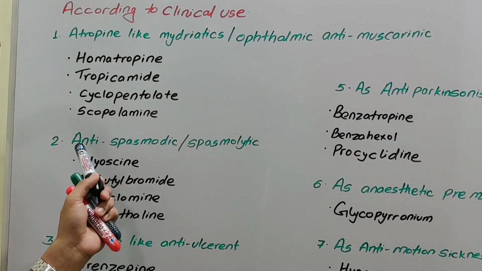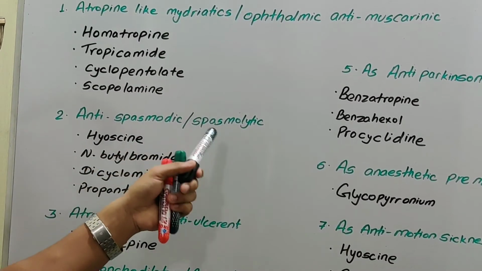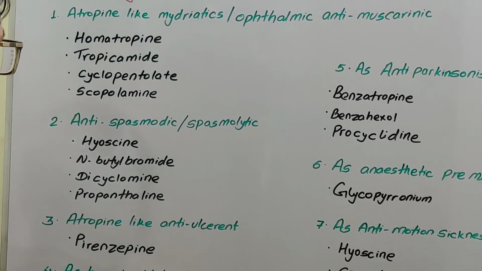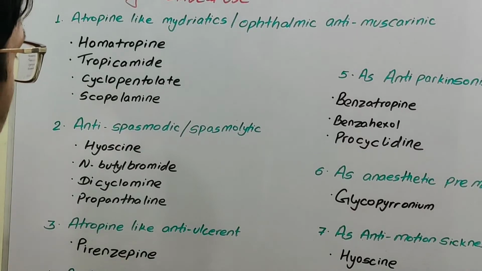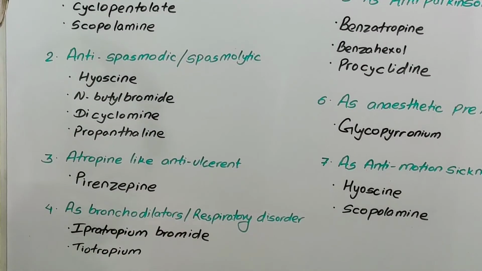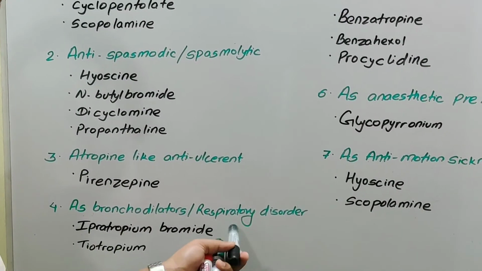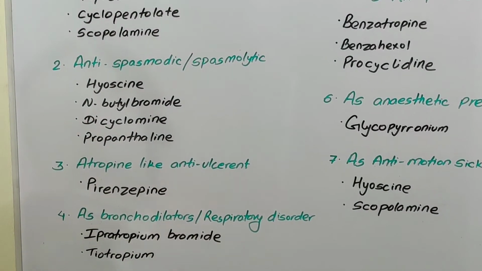Antispasmodics or spasmolytics include hyoscine, butylscopolamine bromide, dicyclomine and propantheline. Atropine-like antiulcerants include pirenzepine. As bronchodilators used in respiratory disorders, we can use ipratropium bromide and tiotropium.